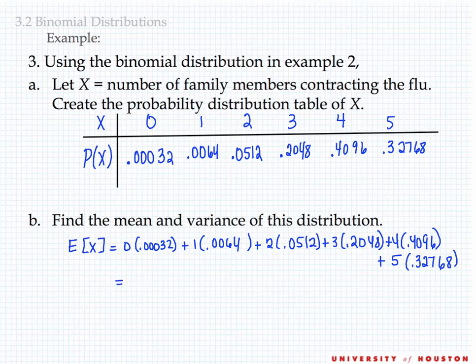And this answer is exactly what we expect, which is the same as n times p, or 5 times 0.8, which is 4.